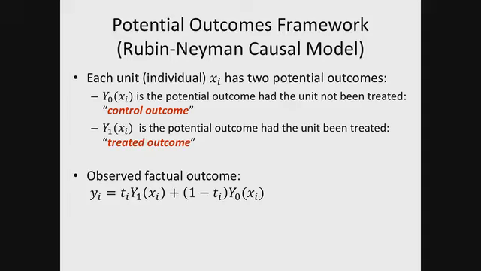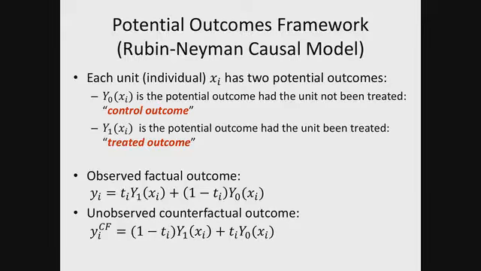On the other hand, if the individual in your data set received treatment ti equals 0, then what you observe for that individual is the potential outcome y0. Right? So that's the observed factual outcome. But one could also talk about the counterfactual of what would have happened to this person had the opposite treatment been done for them. And notice that I just swapped each ti for 1 minus ti and so on.